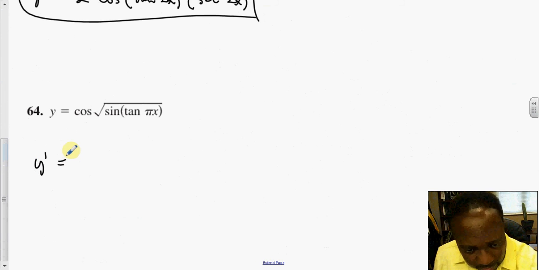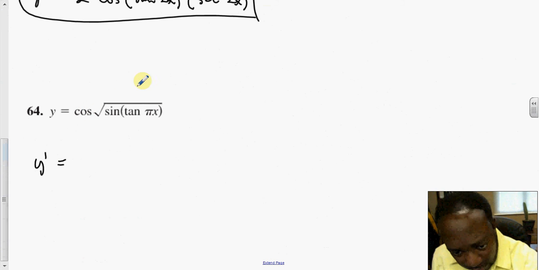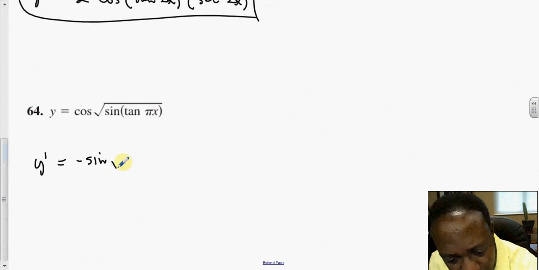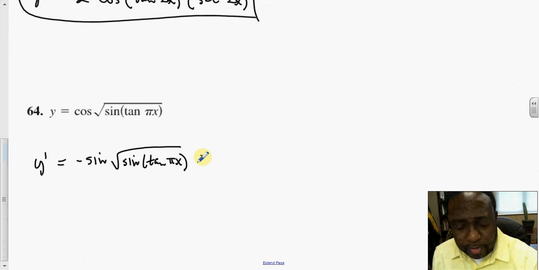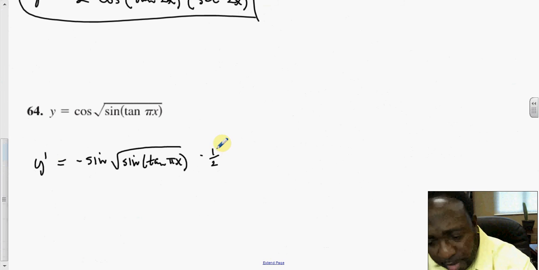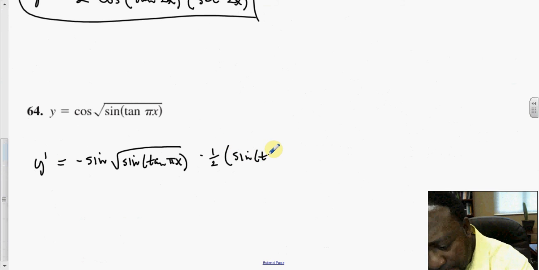So y prime is equal to the derivative of the cosine times the derivative of the square root times the derivative of sine times the derivative of tangent times the derivative of pi x. So this becomes negative sine of the square root of sine of tangent pi x, times the derivative of the square root, which is 1/2, times sine of the tangent pi x.